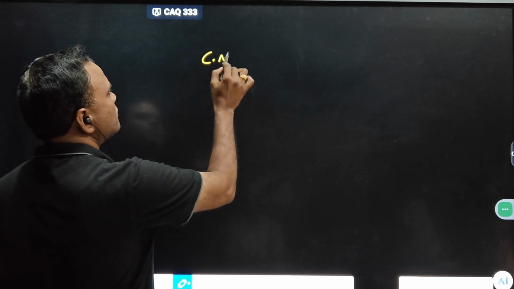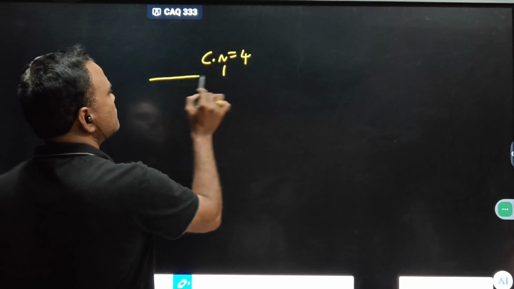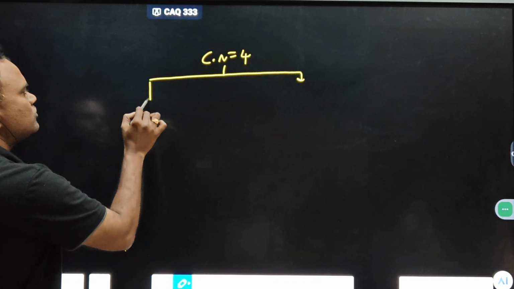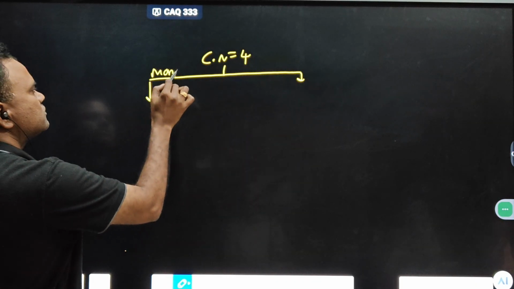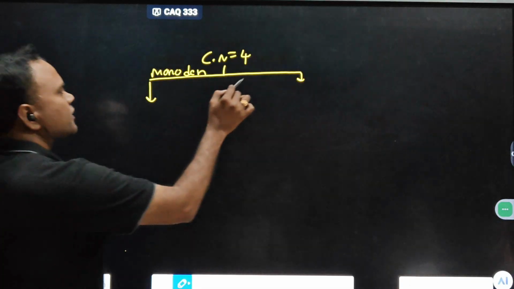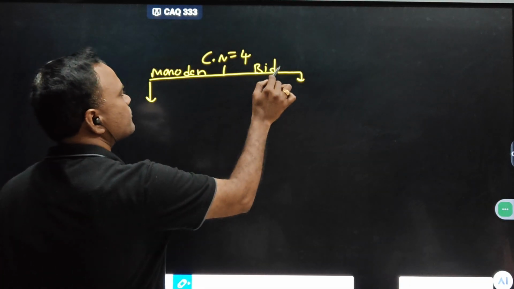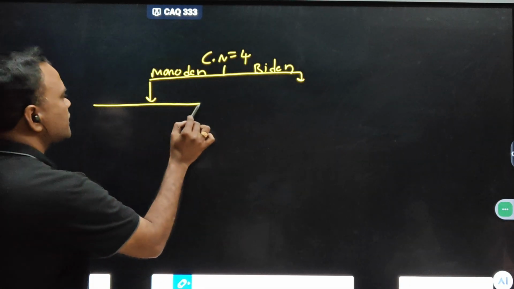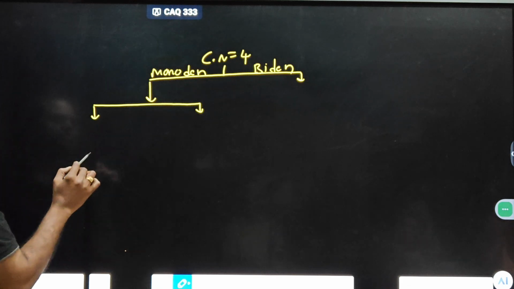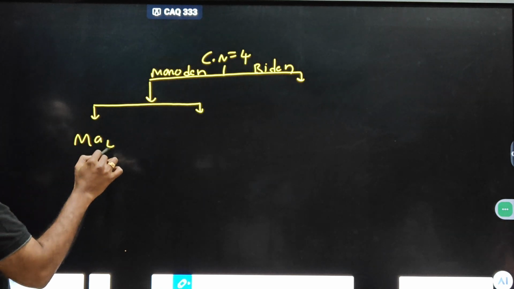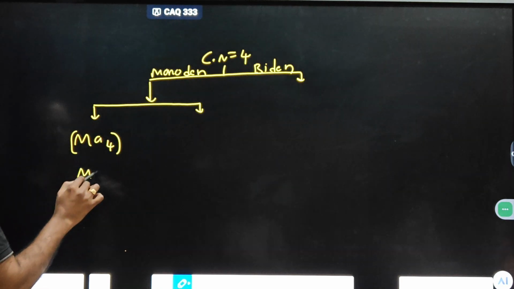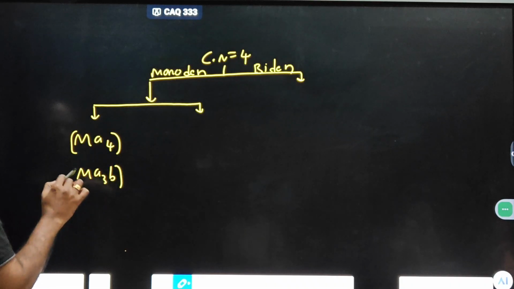Geometrical isomerism with coordination number 4. Let us revise once. With monodentate ligands, which type of complexes do not show it? Ma4 and Ma3B type do not exhibit.